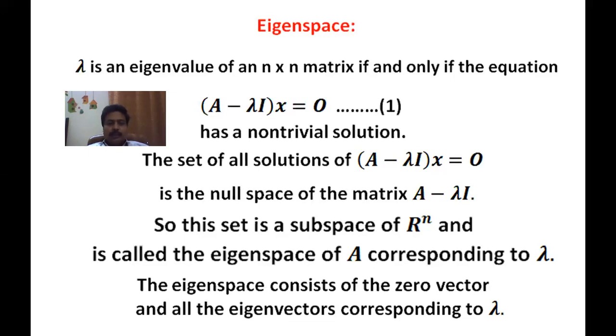So every eigenspace of a matrix A is the set of all eigenvectors corresponding to an eigenvalue lambda and the zero vector. So zero vector is the common vector in all the eigenspaces.